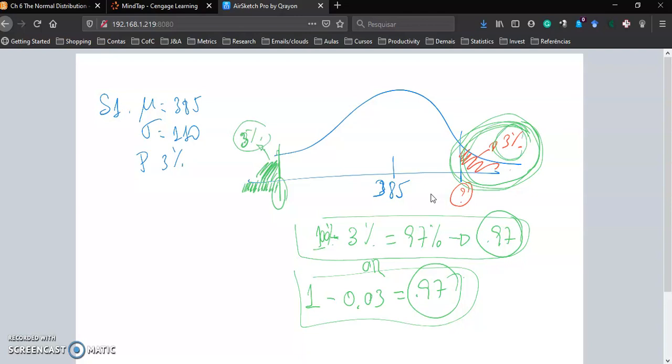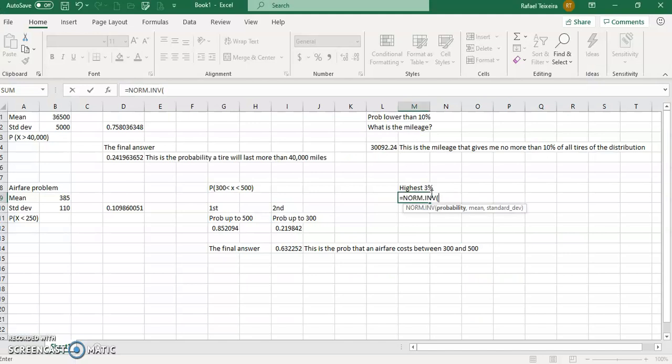You have to get this number and subtract it from 100, and then the resulting decimal amount you get is what you're going to enter into Excel, because Excel is giving us, again, to remind you, the probability from the lower tail up to this point right here. Okay, so let's go back to Excel.